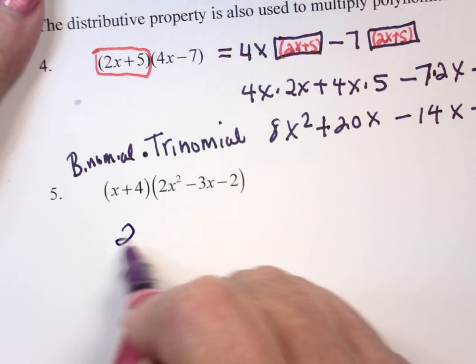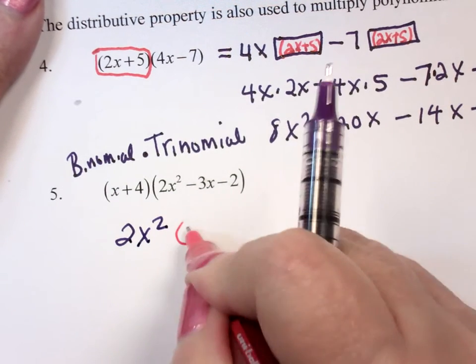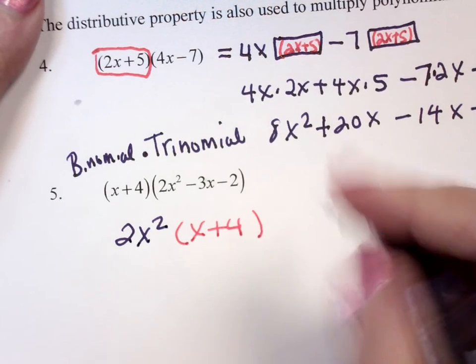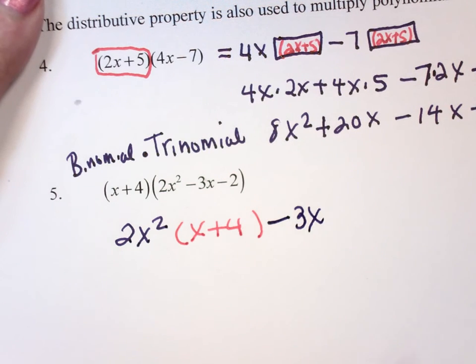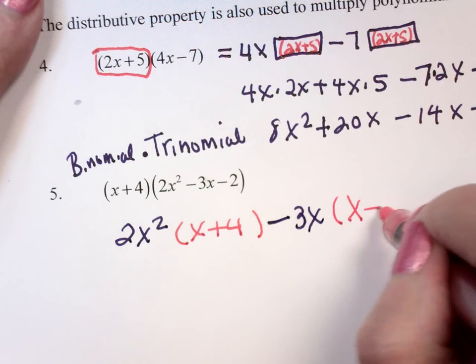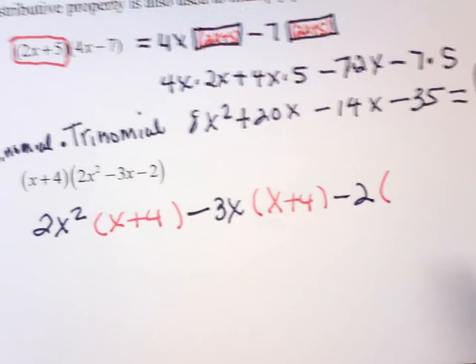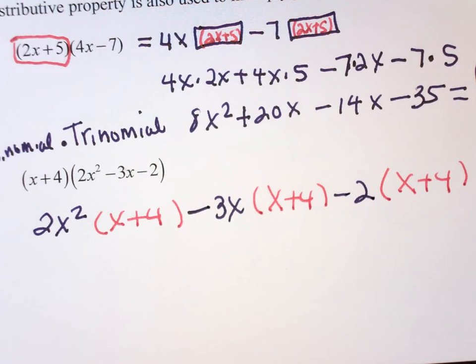This would be 2x squared times x plus 4 minus 3x times x plus 4 minus 2 times x plus 4. See, the bee is pollinating each term. He lands and he leaves something behind, right?